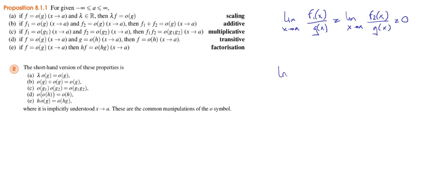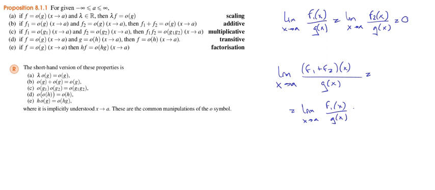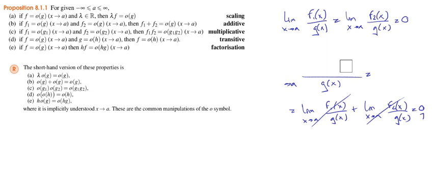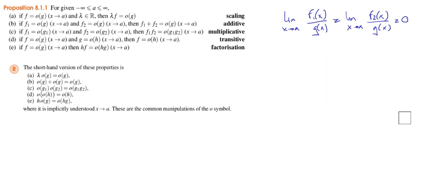But now if we combine these two things, we have the limit when x goes to a of f1 plus f2 at x divided by g. This is the same as the limit when x goes to a of f1 at x divided by g plus the limit when x goes to a of f2 divided by g. But this thing is 0, this thing is 0, so the sum is 0. Okay, so f1 plus f2 is small o of g as well.